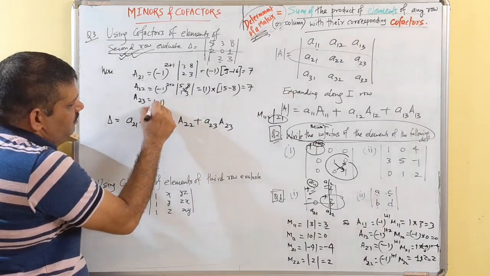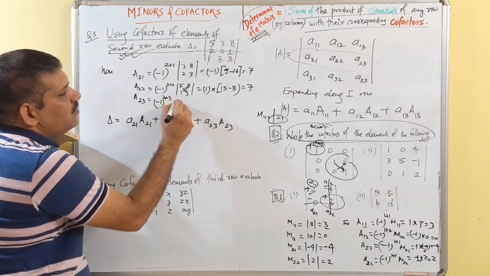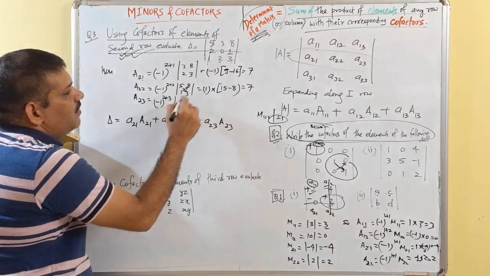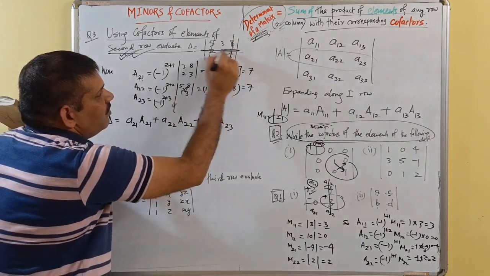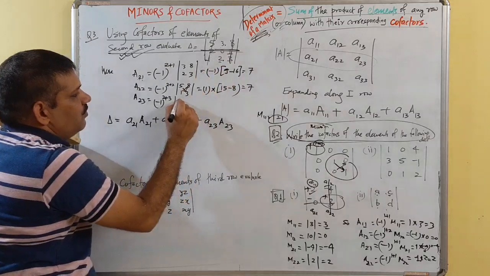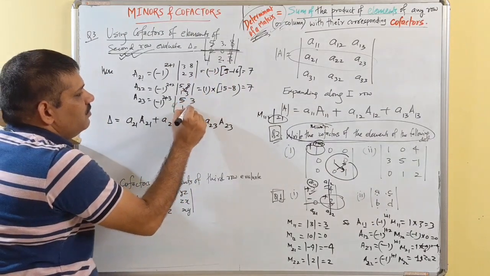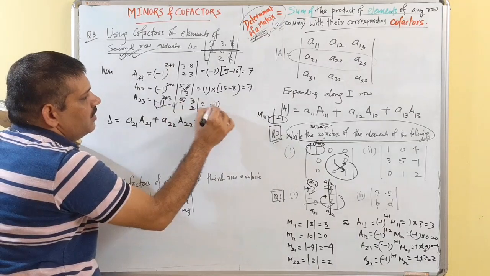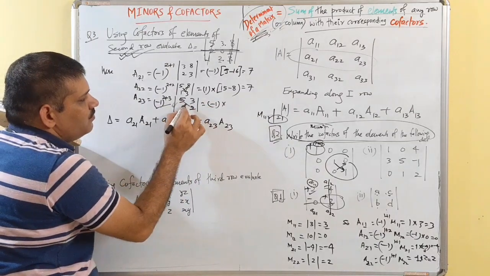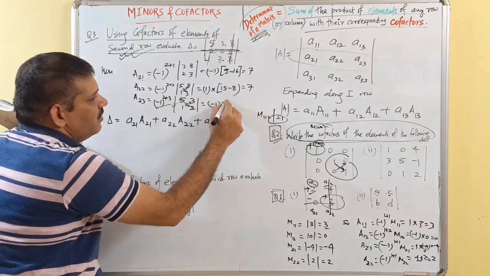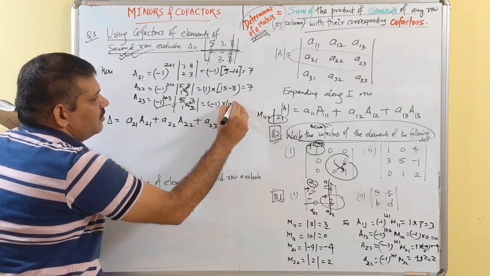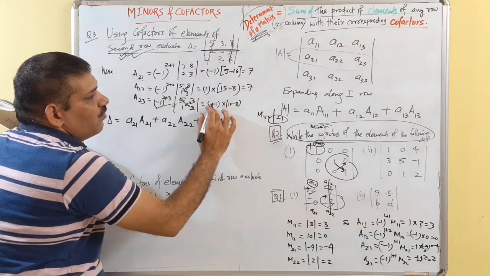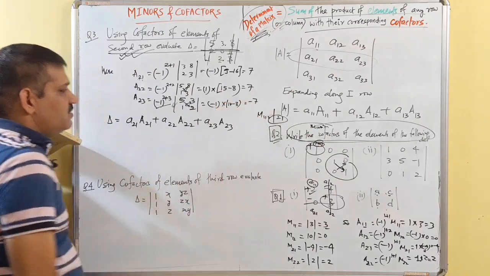A23 is minus 1 raised to 2 plus 3, multiplied by the determinant. This row and this column eliminated will give 5 3 1 2. So this will give us negative sign. Minus 1 multiplied by 5 2s are 10 minus 3, that is 7. Minus 1 into 7 is minus 7.